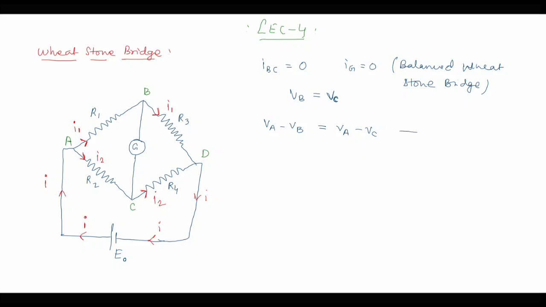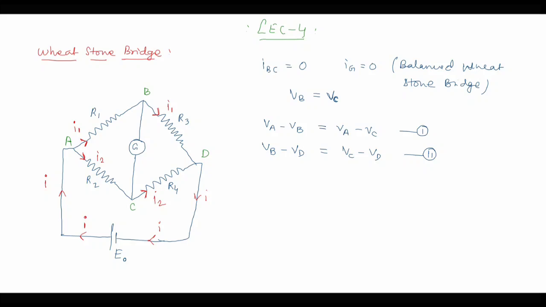I am regarding this as equation number 1. And for the other half I can write that VB minus VD is equal to VC minus VD. We are calling it equation number 2.